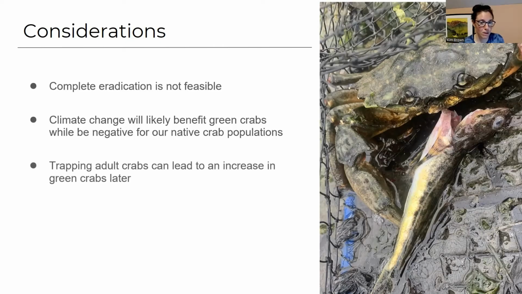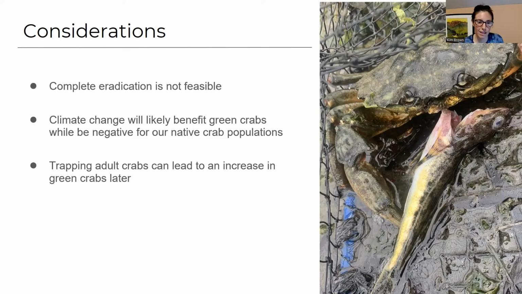Yes, so trapping adult crabs can actually lead to an increase in green crabs later. A researcher in California did a huge trapping effort about a decade ago and removed most of the crabs. They got it down to, I believe, less than 10,000, which was huge for that area. And then they realized a few years later that the population had, for some reason, boomed after that.